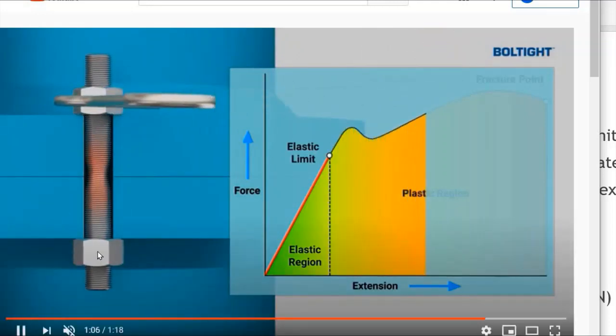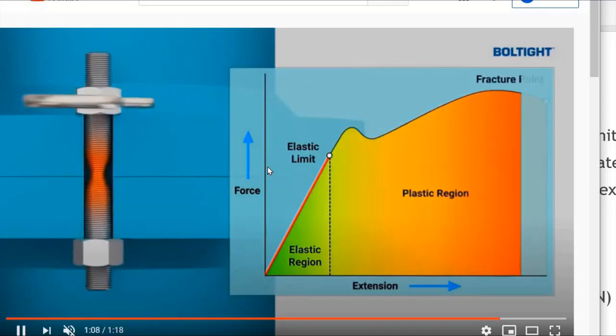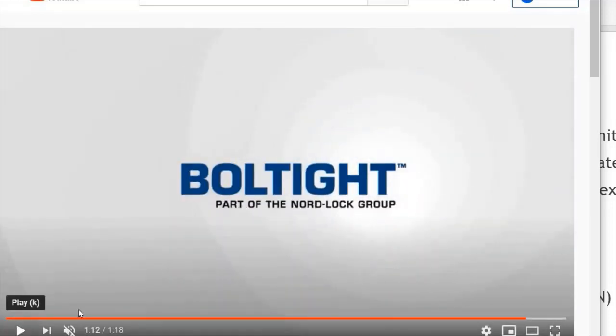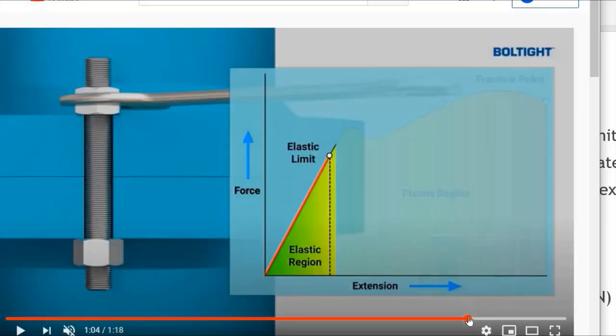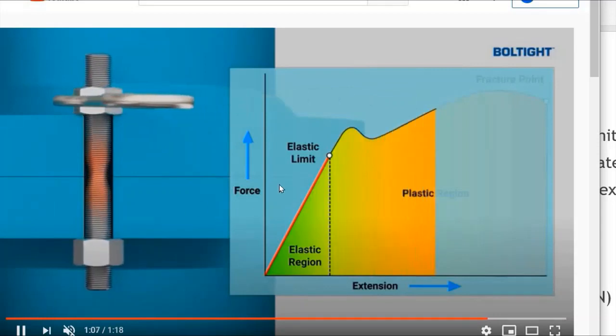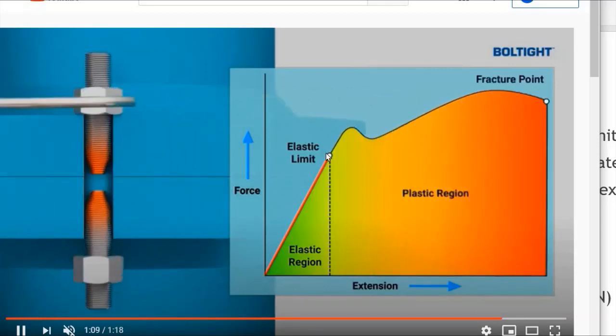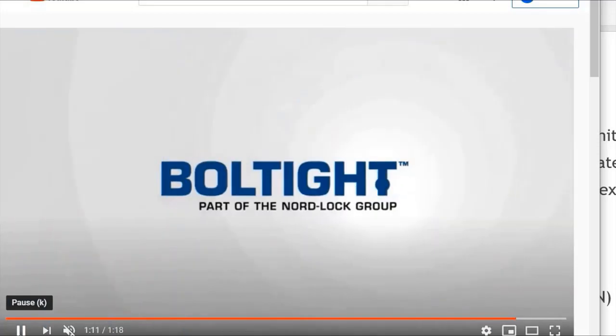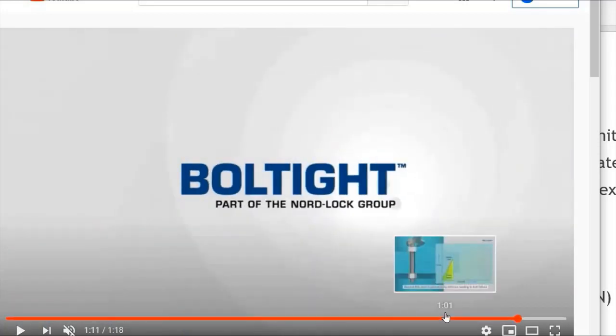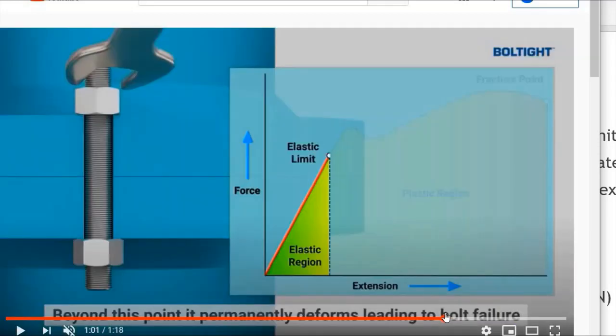The material in between the two nuts will undergo plastic deformation and it will fail. Once again, we can see that during tightening, first it is in the elastic region. If we keep tightening, at last it will fail. The bolt will be broken due to failure.